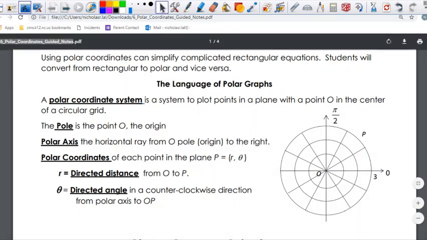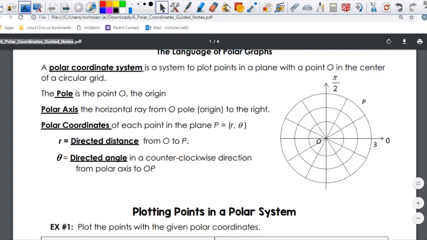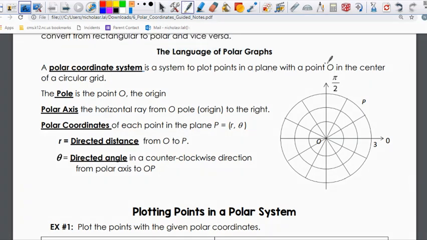The language of polar coordinates. A polar coordinate system is a system to plot points in a plane with the point O in the center of a circular grid. The pole is the point O at the origin. The polar axis is the horizontal ray from the pole, the origin, to the right.